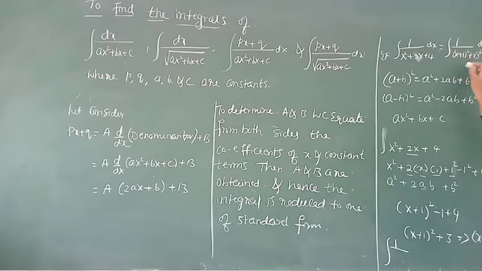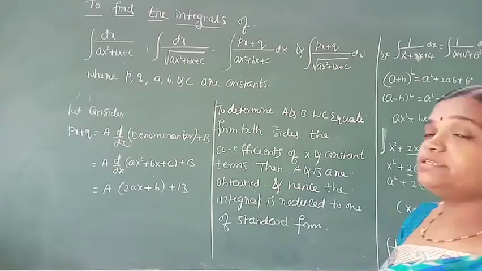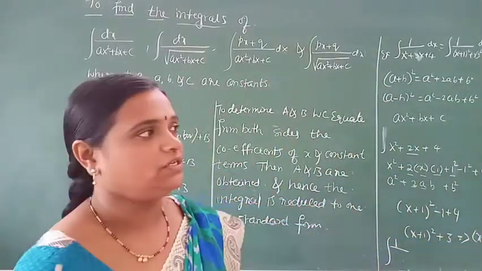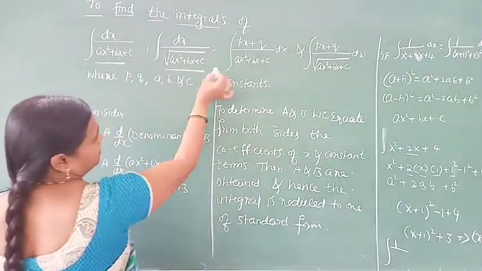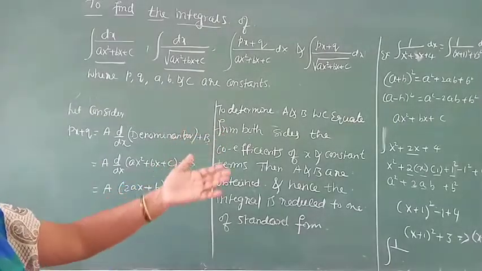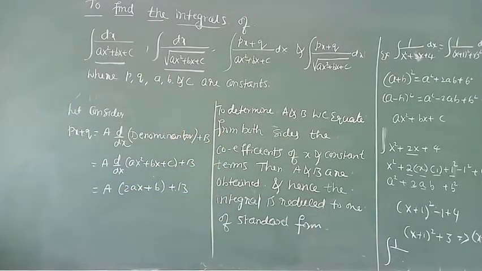We converted it into the standard form, that is a square plus x square. These are using the perfect square method, which I explained neatly using the example. Please go through that.